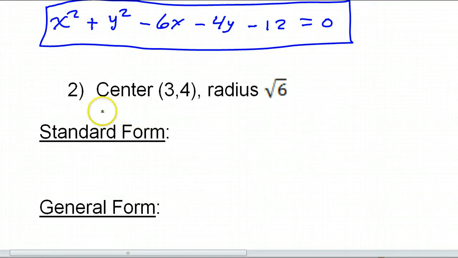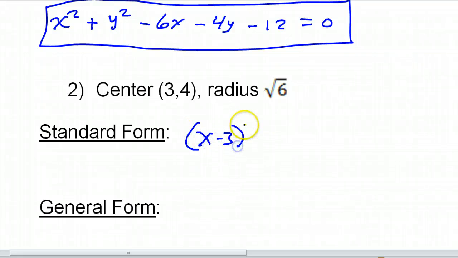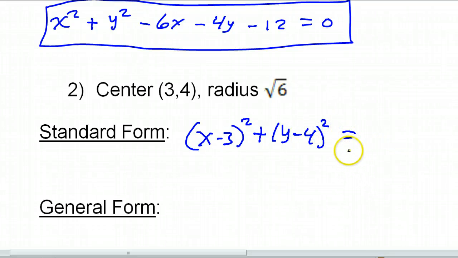All right, let's do that again, number 2. So, start off with standard form. That's the easy part, right? Help me out. Somebody start telling me the answer. X minus 3. Keep going. Plus y minus 4 squared equals what? Equals 6. Okay?